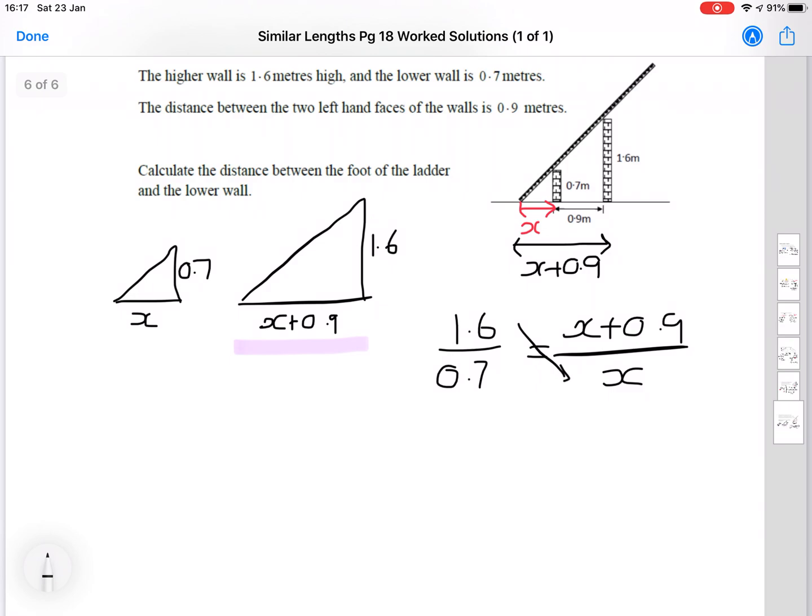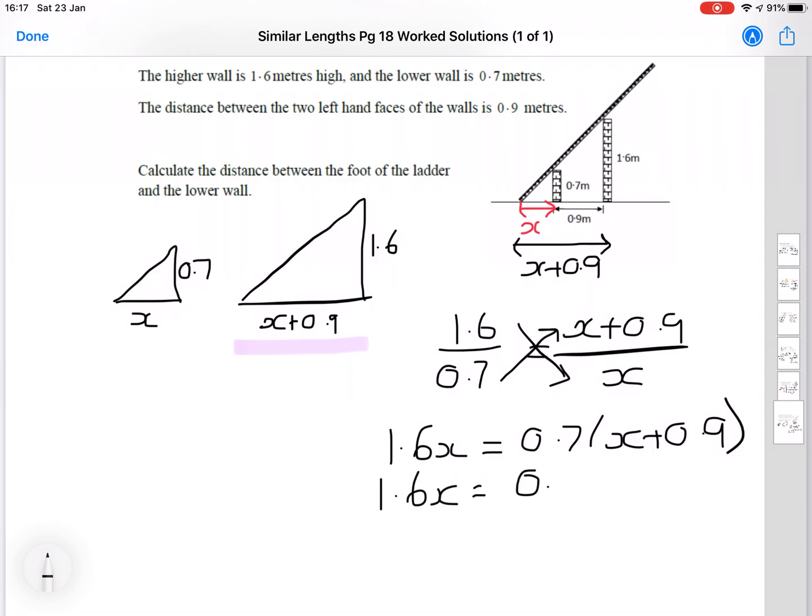So cross multiply, kind of like the working that we do when we're doing arcs and sectors, similar to that. So 1.6 times X, so 1.6x equals 0.7 times X plus 0.9. Now that's just an equation to solve, so 1.6x equals 0.7x plus 0.63, if you multiply that bracket out.